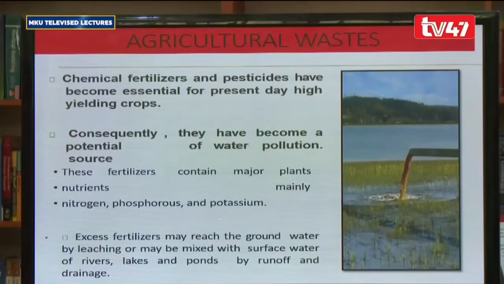However, the continuous use of such chemicals, fertilizers, and pesticides will always have a net effect on the water source and on water. It always alters the physical characteristics of water itself.